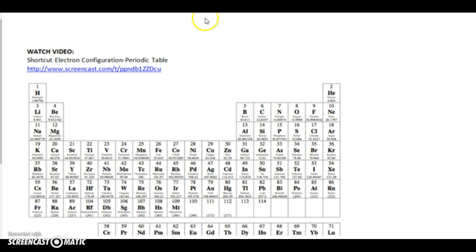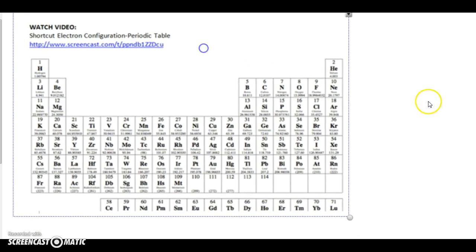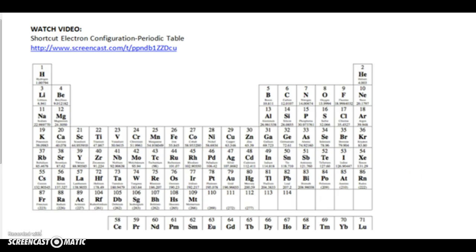Okay, so here is my periodic table, and if you have not watched this shortcut yet, you need to. This is where the periodic table is just beautiful. Remember, S can hold 2 electrons because it has 1 orbital. So here is our S sublevel.